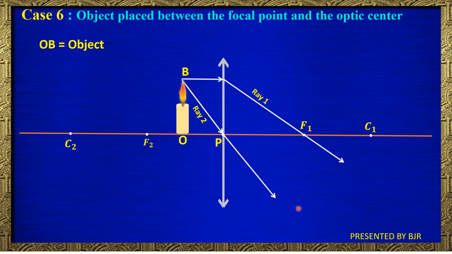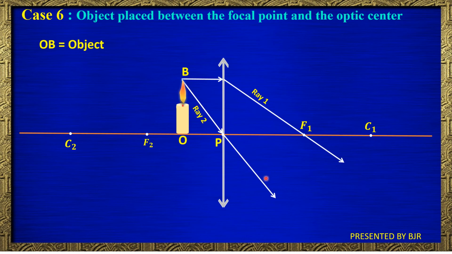That means we can assure that they never meet on this side, even if they are extended up to infinity. So on this side, an image will not be formed. On the other side of the lens, image never forms.